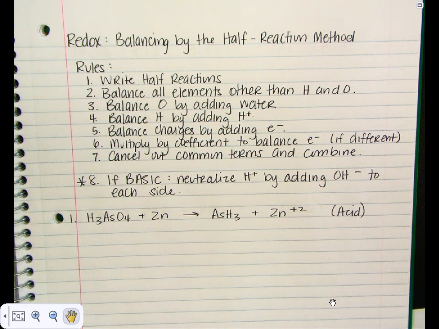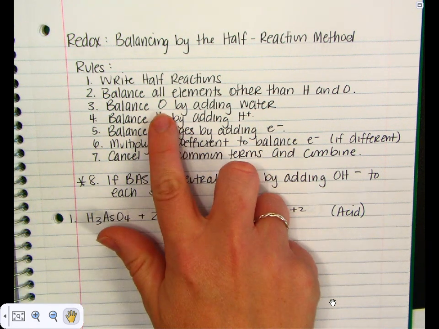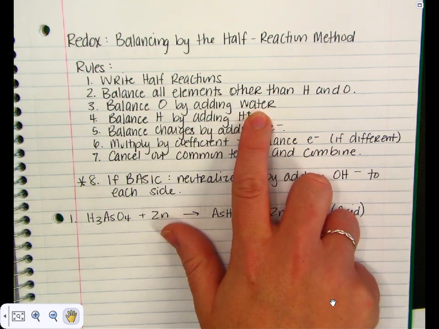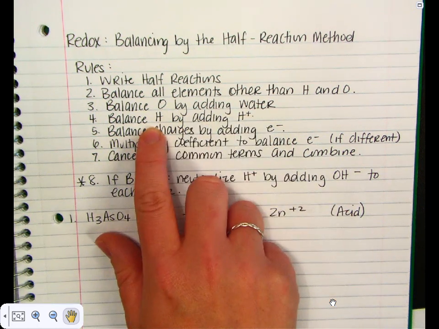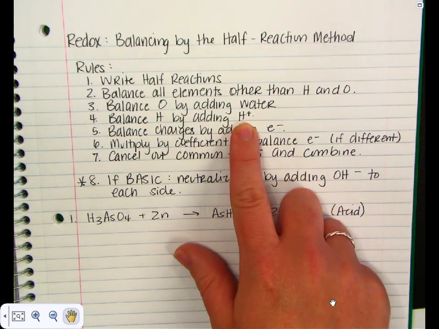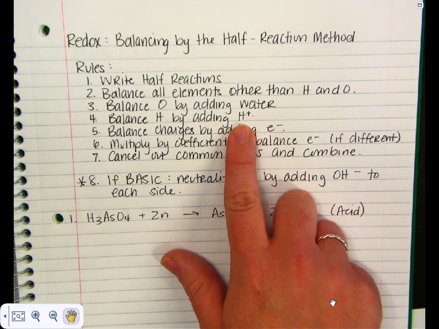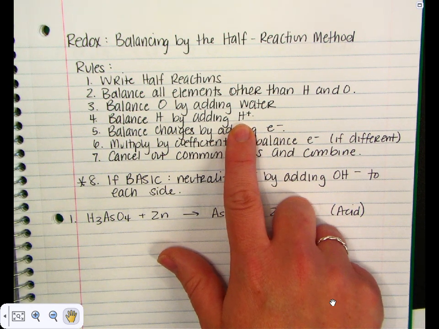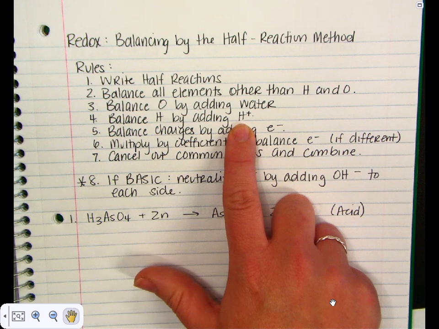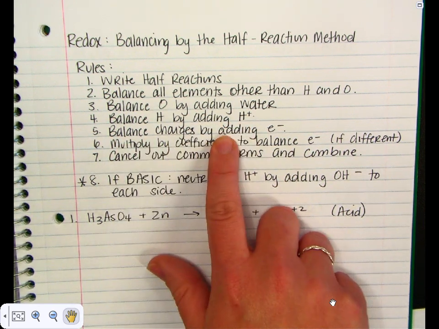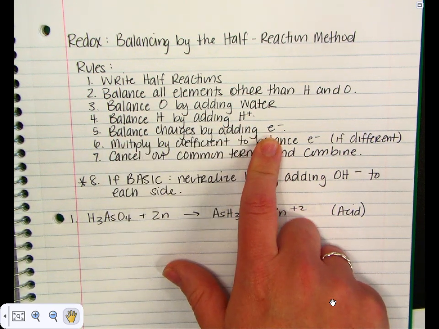Then you're going to balance all of your elements other than hydrogen and oxygen. Then you're going to balance oxygen by adding water to the opposite side. You're going to balance your hydrogens by adding H plus ions to the opposite side. Remember that H plus ions are what causes something to be acidic, so that does come into play a little bit later. You're going to balance the charges by adding electrons.